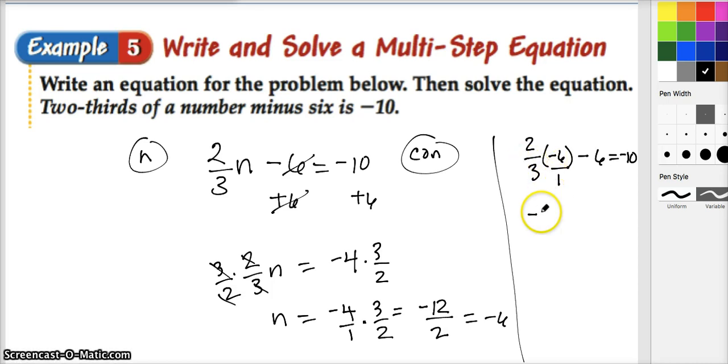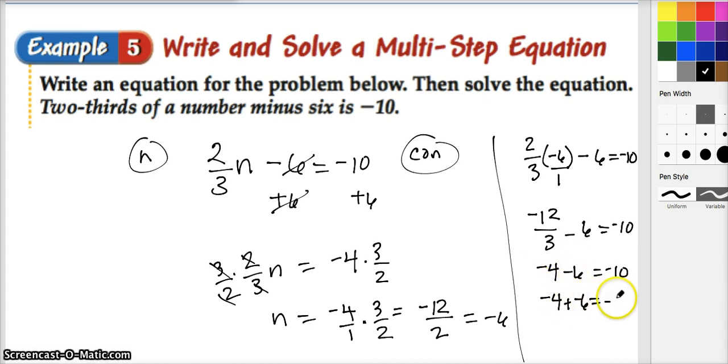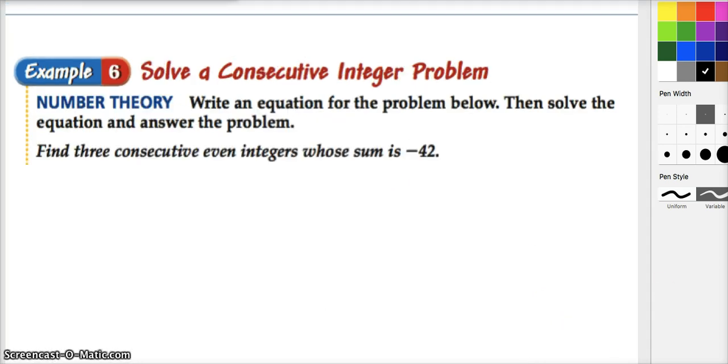When I do that, I get a negative 12 over 3 minus 6 equals negative 10. I get a negative 4 minus 6 equals negative 10. You remember keep, change. Minus 4 plus a negative 6 is an equivalent way of writing that. Negative 10, and negative 10 is equal to negative 10. And I'm done.